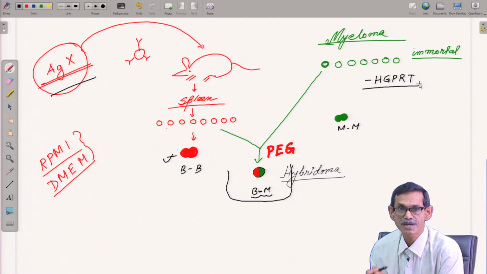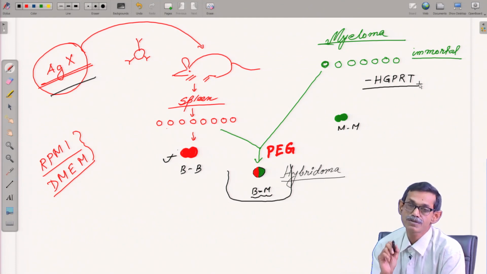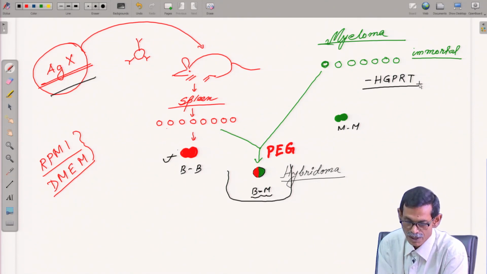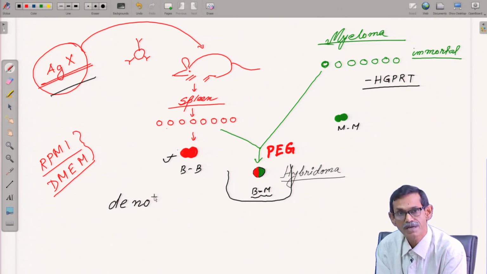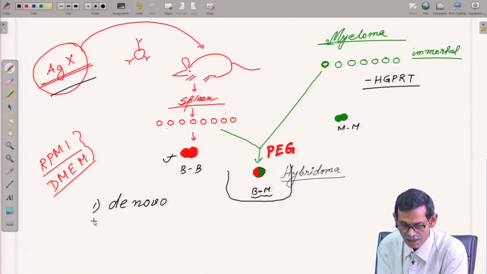So, for all nucleotide synthesis, there are two pathways in every cell in our body. One is the de novo pathway. I hope you already know this from your metabolism course in biochemistry. One is the de novo pathway, and number two is the salvage pathway.